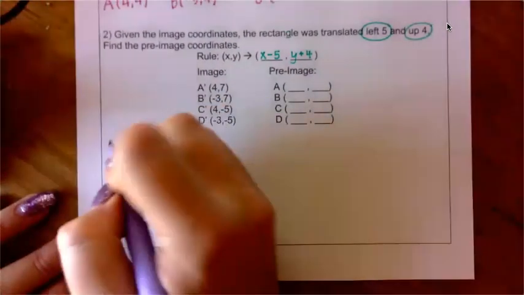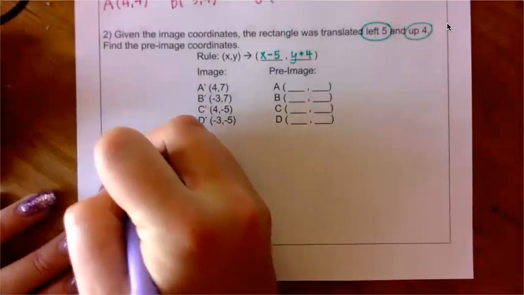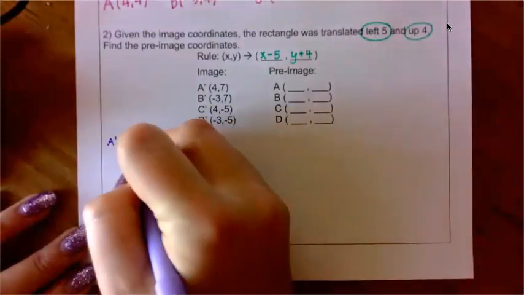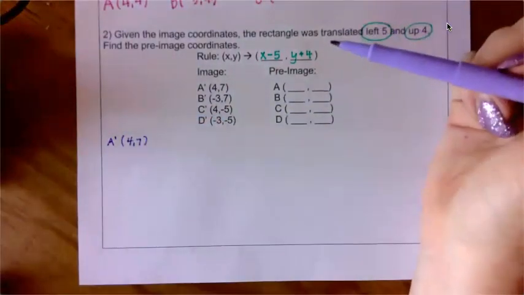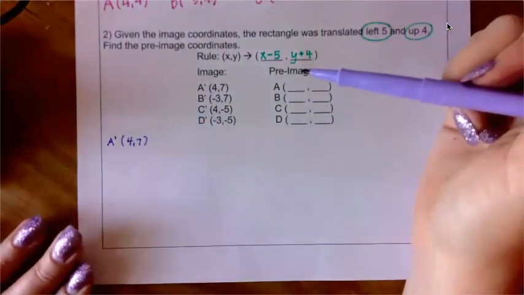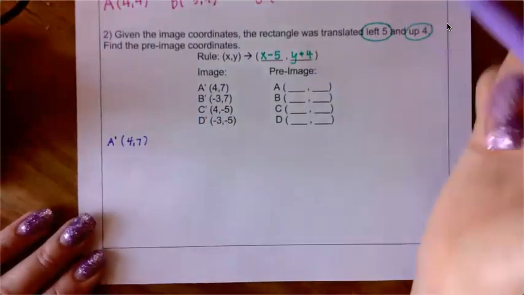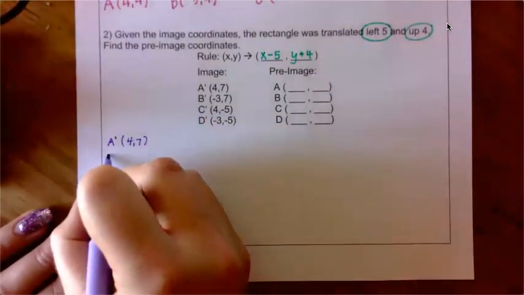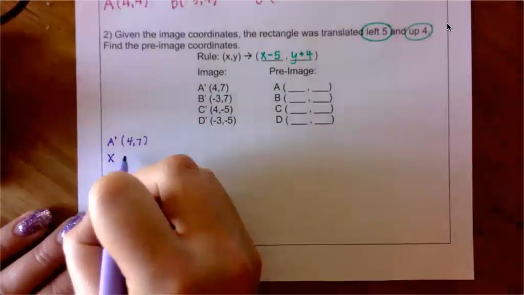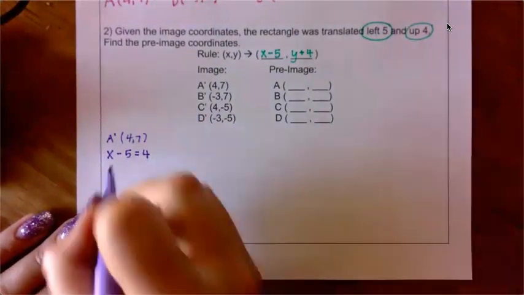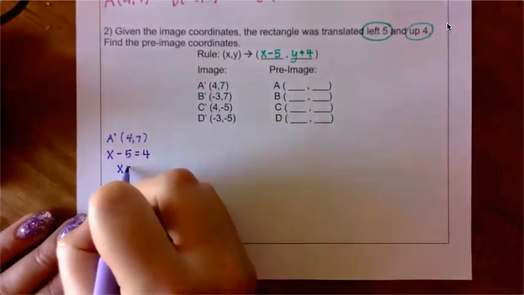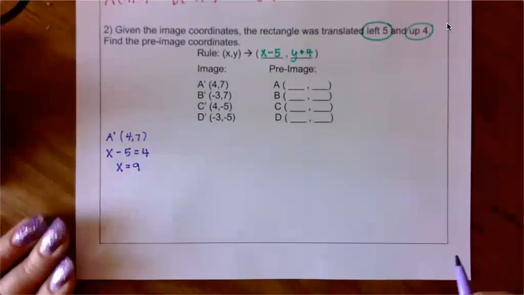Okay, so A prime is 4, 7. Again, notice how just like number 2, these are written in the opposite directions. Okay, so when I took the x value of my pre-image and subtracted 5, it equaled 4. Add 5 to both sides, x is 9.